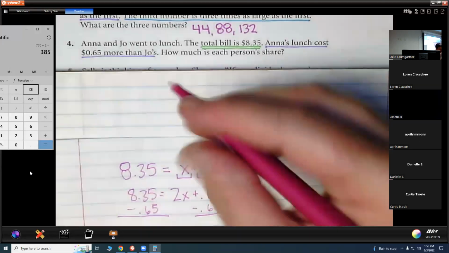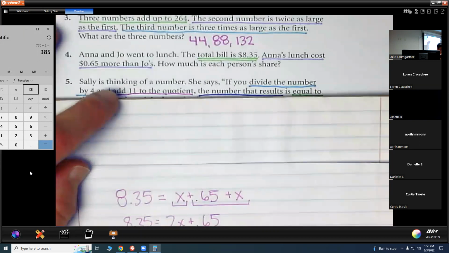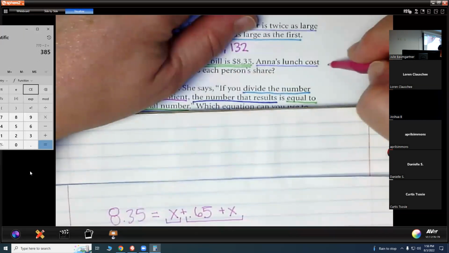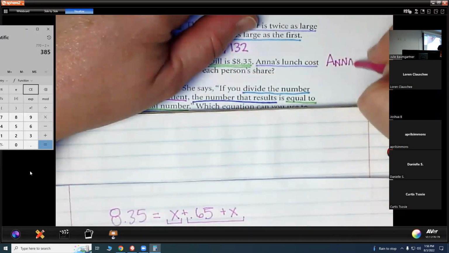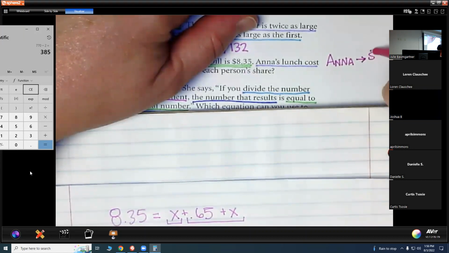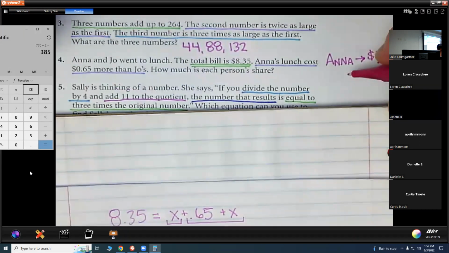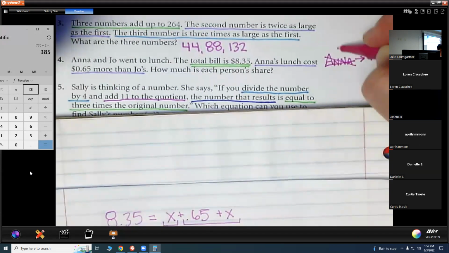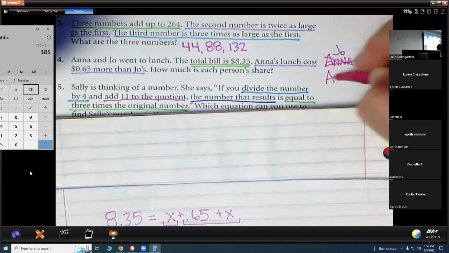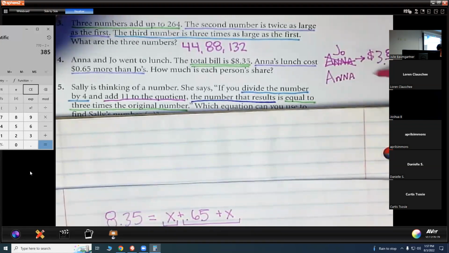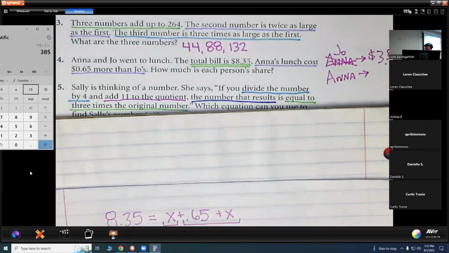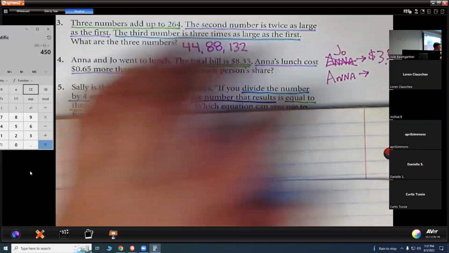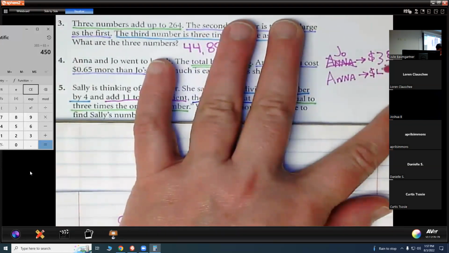So Joe's lunch cost $3.85. Or no, sorry, that's Joe's lunch. And then Anna's was 65 cents more. So her lunch apparently was $4.50. Just about $4.50.